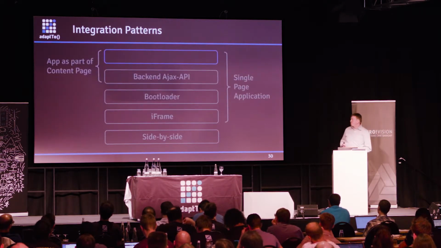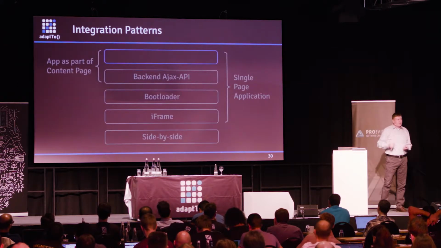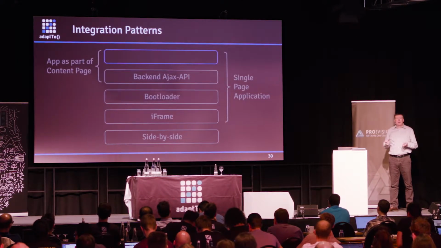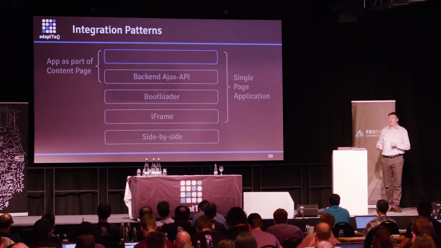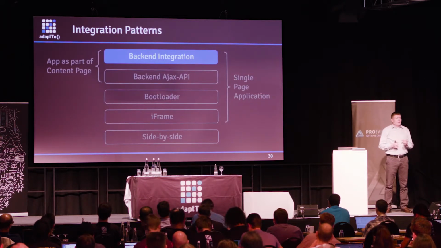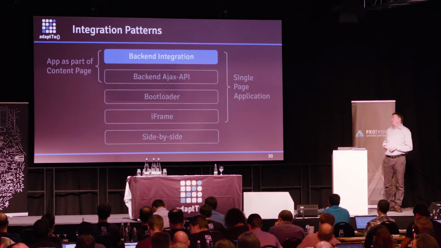So therefore, the last pattern, and luckily I have enough time to tell you more about that, is the app as part of the content page with backend integration. And that's the one where I have also implemented something, and I can share it with you.